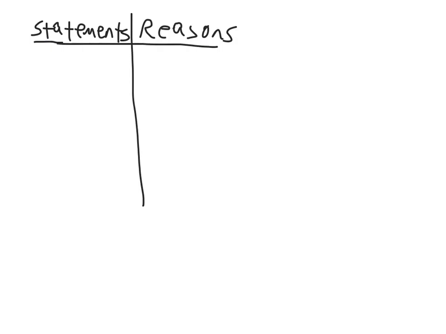Now, there's three parts to a two-column proof. The first part, the beginning, is where you write the things that were already given to you, your givens. And in those reasons, you will write given, because those are the things that were automatically given to you.